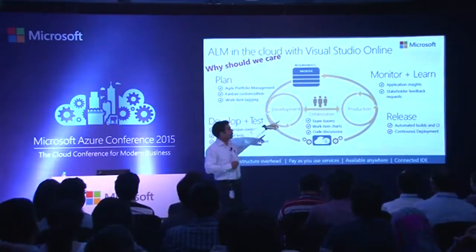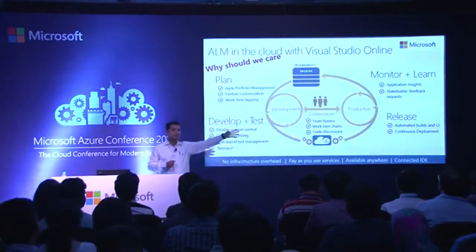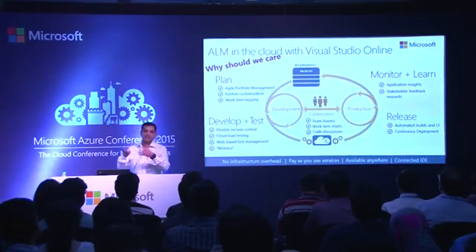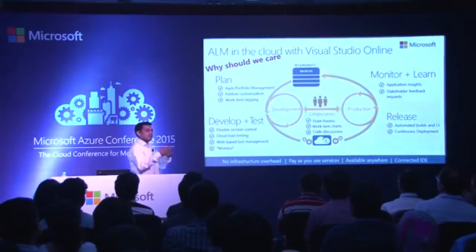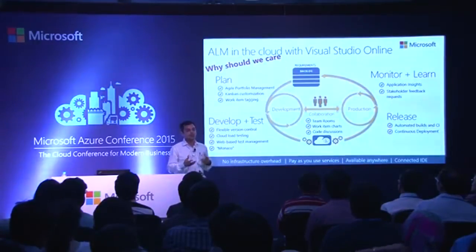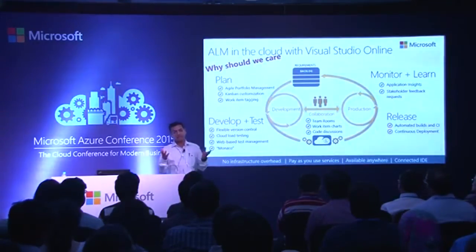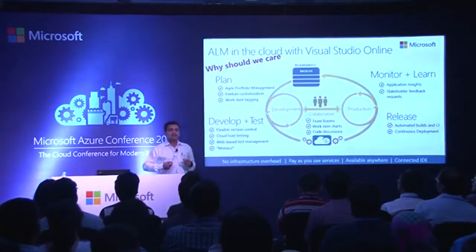This is what we were talking about, Application Insight and stakeholder feedback. So user experience: responses coming back from the users so that they can experience what you have developed and give you feedback, and it becomes a fast cadence. That is very key about Visual Studio Online, or for that matter TFS as well. It provides you with that fast cadence.